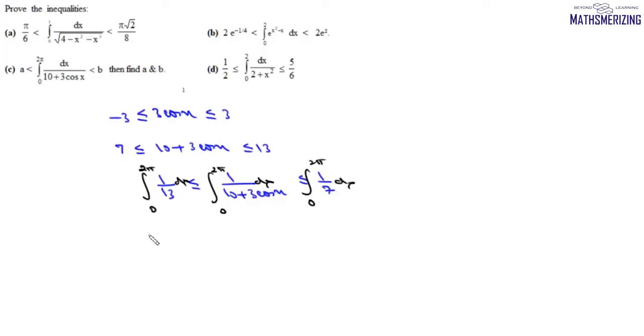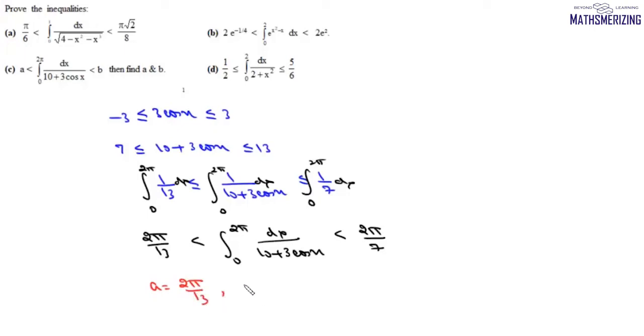We can write 2 pi by 13 is strictly less than the integral from 0 to 2 pi of dx upon (10 plus 3 cos x), and it'll be less than 2 pi by 7. So one of the possible values of a and b could be 2 pi by 13 and 2 pi by 7.